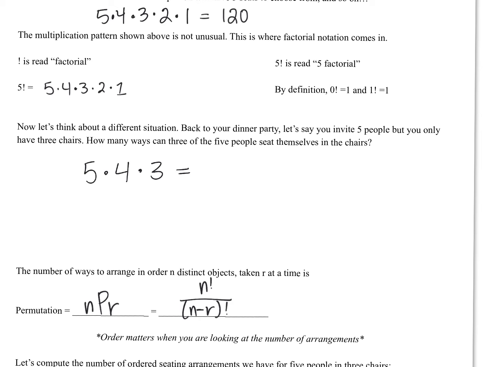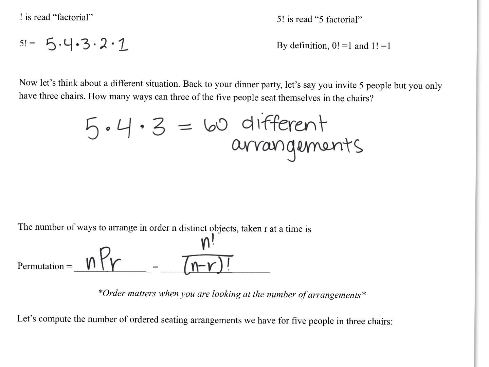So 5 times 4 times 3, which is 60 different arrangements.